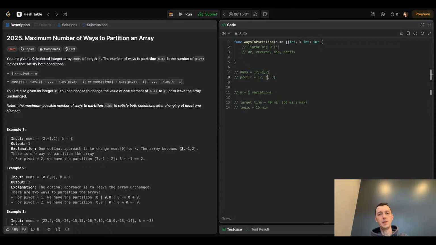So anyways, but I'm not seeing how it will help us, because even with the prefix sum, it doesn't immediately tell us the number of partitions.